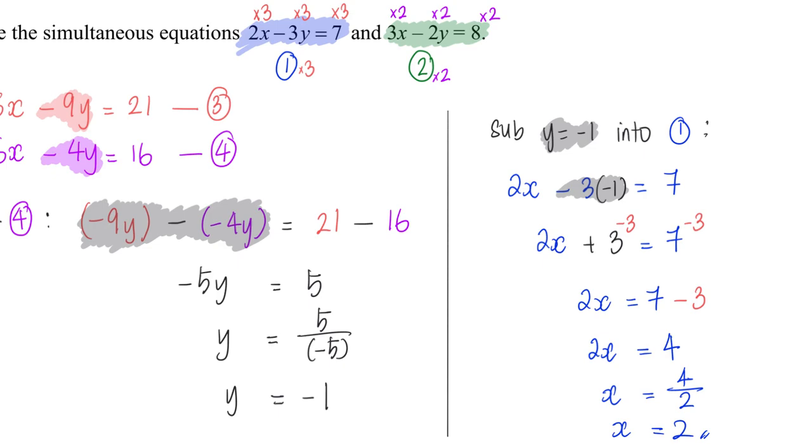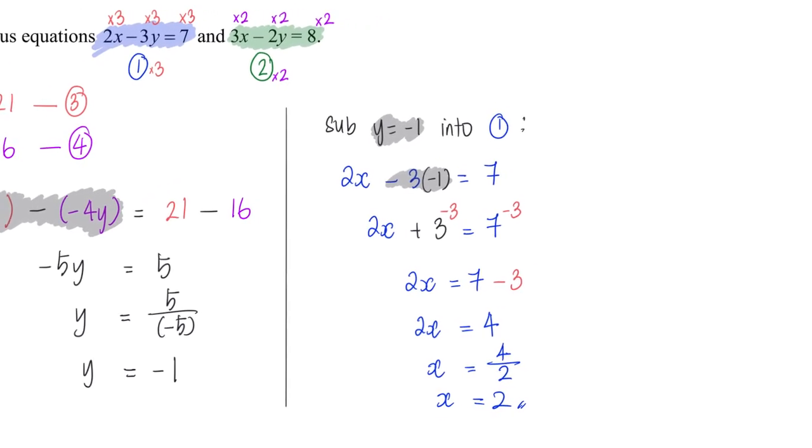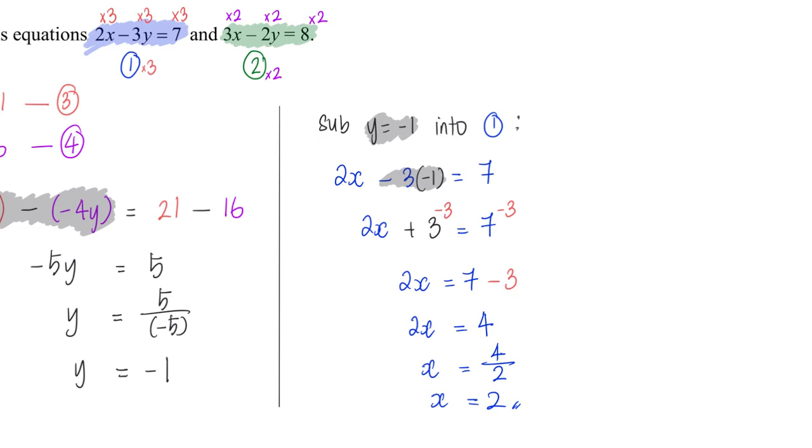The last thing to do actually is then to make sure that the answer is correct. How? Well, now that I know my value of x and y, right? We just need to substitute back into any of the equation. So I'm going to substitute back into equation 2 to do a quick check. Equation 2 is 3x minus 2y.